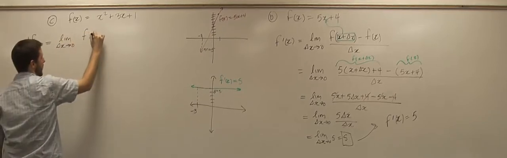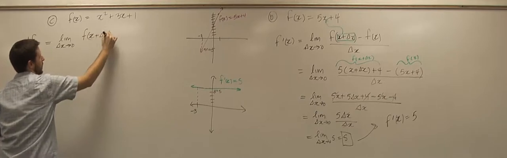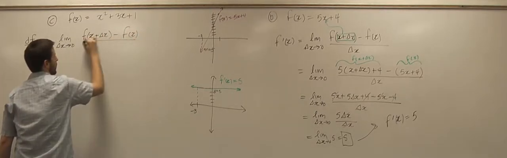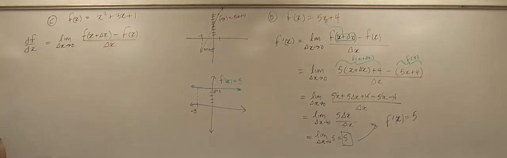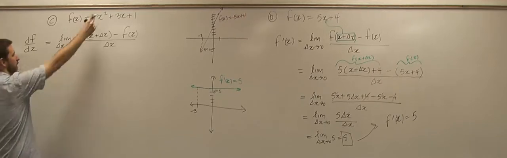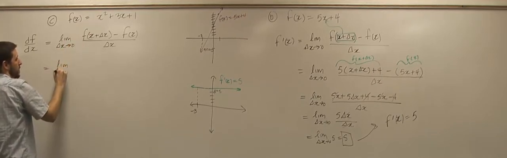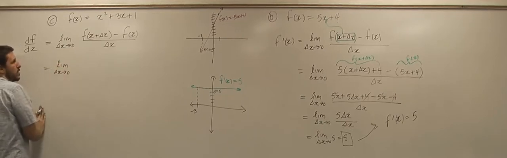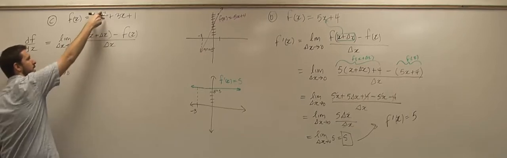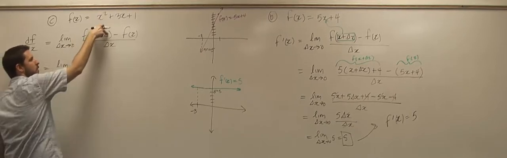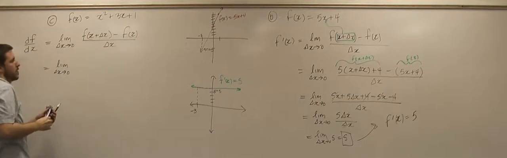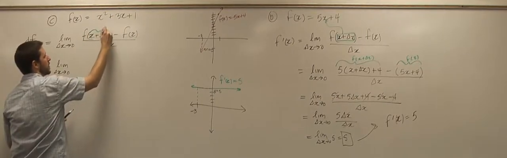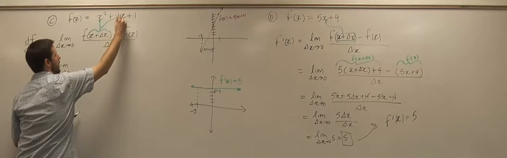I'm always doing the same limit when I have to do the derivative, again and again and again. But what happens in this case when you plug x plus delta x in? You're going to have to take this whole thing and plug it in here and here.